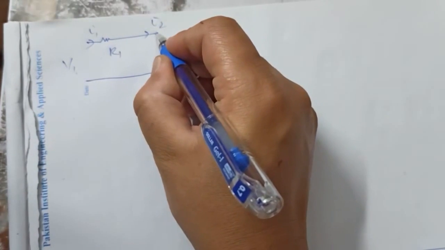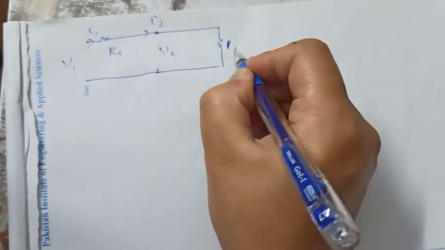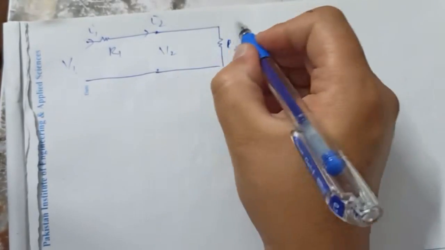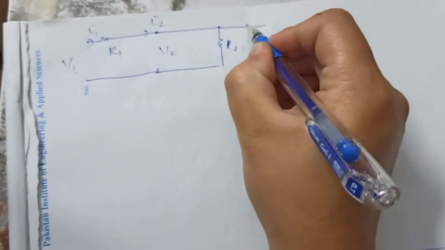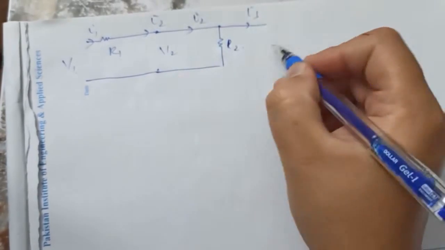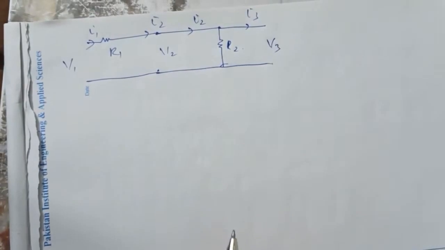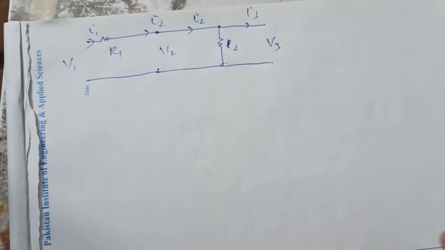This is V1, and again this is R2. This is your I3. Again, this point is I2. This point is V3.